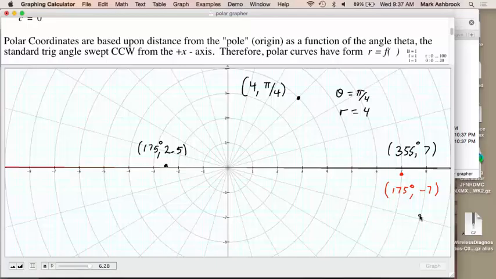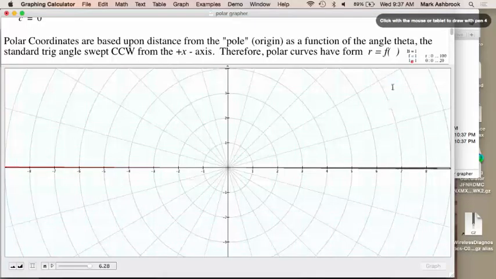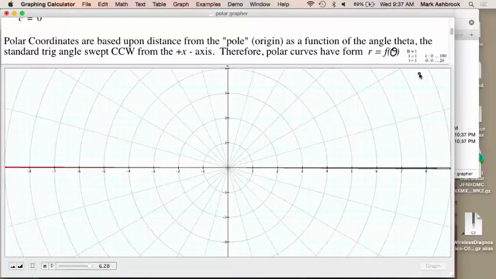So points are expressed as distance from the pole, r, and angle measure swept counterclockwise from 3 o'clock. So polar curves then have the form r is a function of theta. Given a certain theta, that determines or predicts what r would be. So let's show a cool example here.